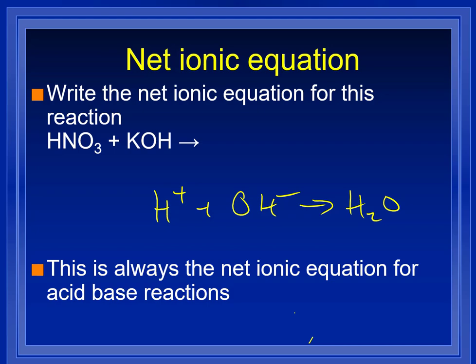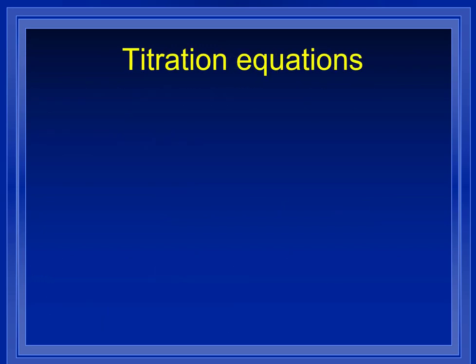So if that's always the net ionic equation, then at the equivalence point, the moles of H plus have to equal the moles of OH minus. That's pretty obvious, right? If they don't, then you have too much acid or too much base. So with that in mind, we can shorten this down.